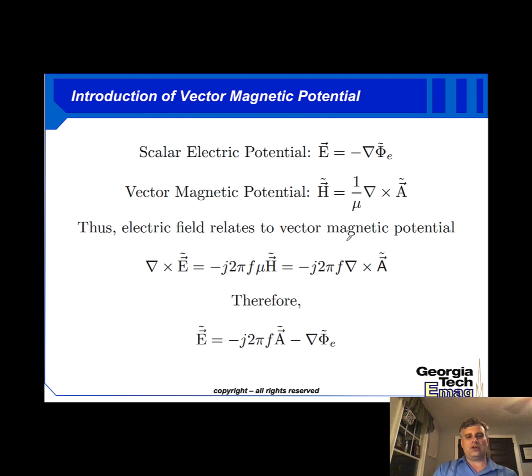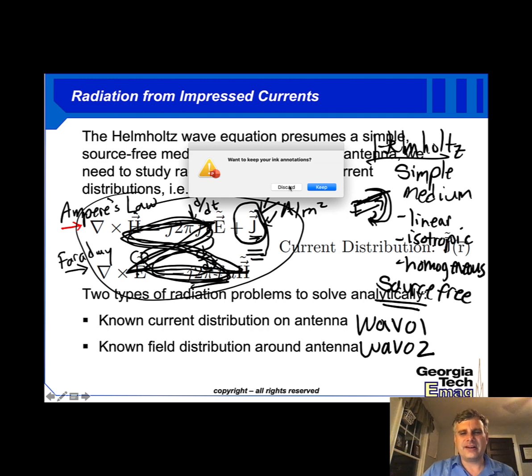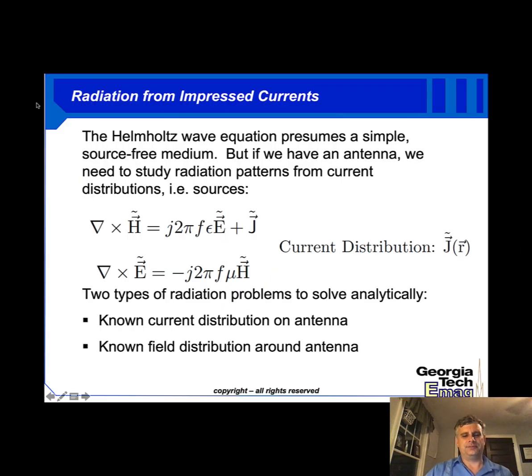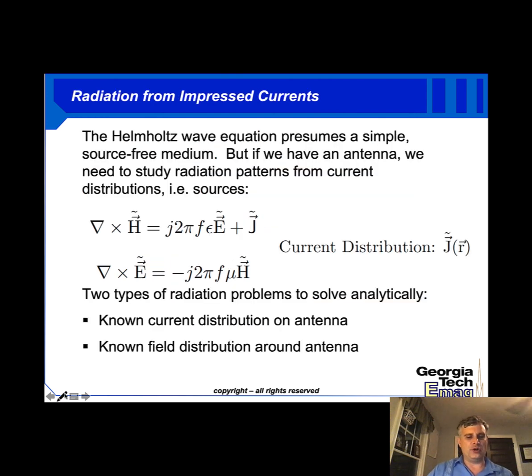So in order to fix this, one of the problems that we have is that we don't get a really nice, good mathematical behavior when we leave this term in.